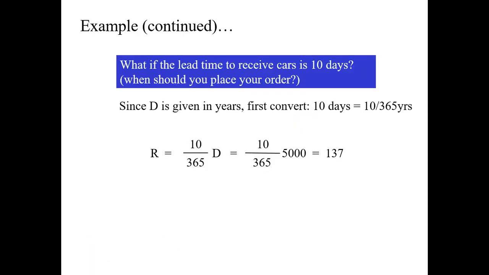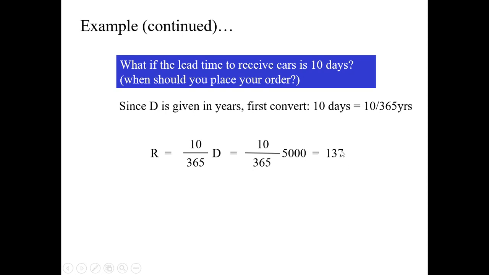If the lead time to receive cars is 10 days, when should we order? In this case, because the demand is in terms of years, first we have to calculate how much that is for 10 days in terms of years. So 10 divided by 365, converting the days into years, multiplied by the demand.